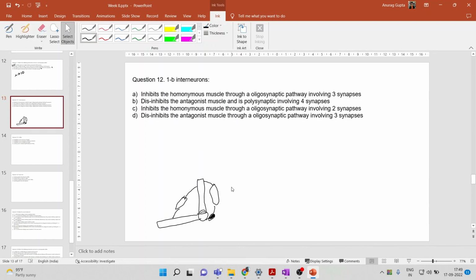So in this case, let us consider a situation when there is a contraction in the muscle. How can negative feedback be provided here? Let us assume that this is the muscle which is contracting. We have a Golgi tendon organ that detects this contraction. When the muscle contracts, it causes a stretch in the tendons, and this stretch causes firing in the 1B afferents.